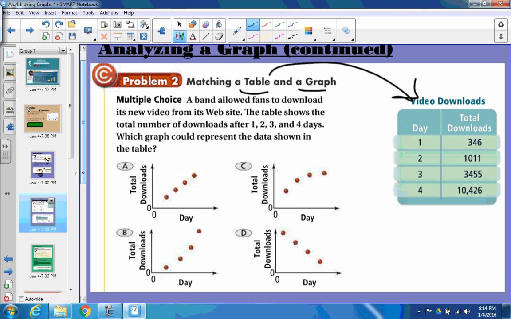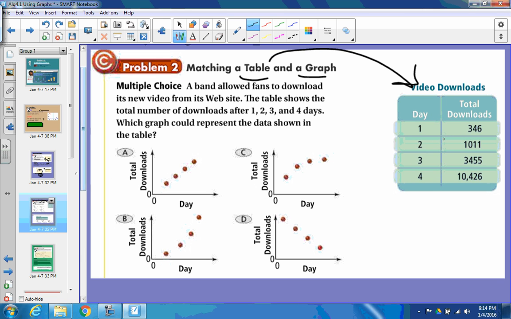Well, if we look at it, after day 1, they're at 346 downloads. Day 2, they're up over 1,000, so they almost multiplied by 3, or added 700 there. Day 3, holy cow, it tripled again, added like over 2,000.